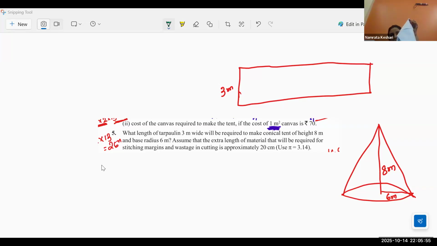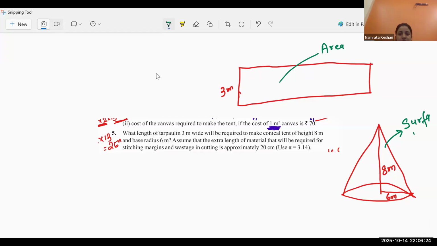Making sense? Yes, ma'am. It's a cone. So the area of the tarpaulin, the area of the sheet completely, I'm using to make the cone. Area of the sheet must be equal to the curved surface area of the cone. Yes or no? Because in this cone still I have not taken any base, right?